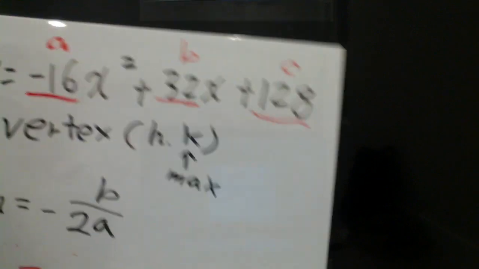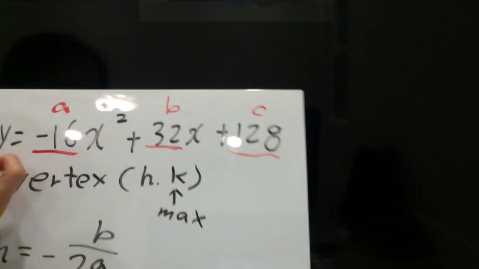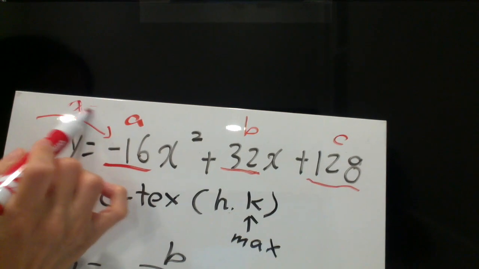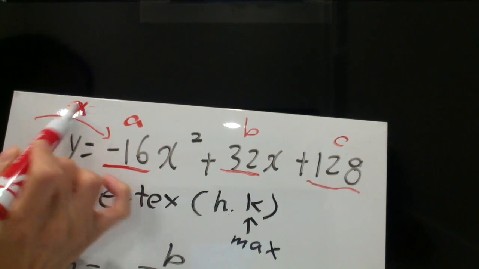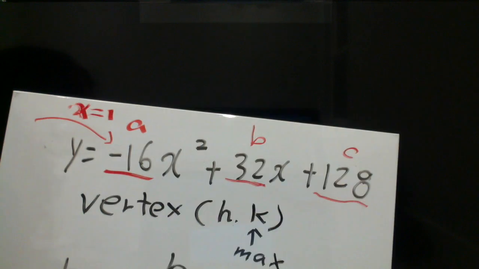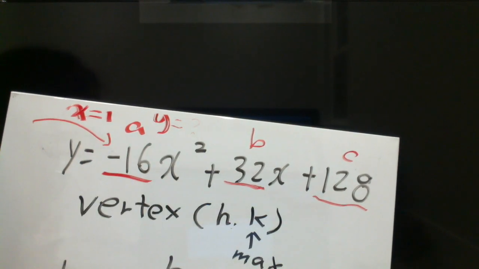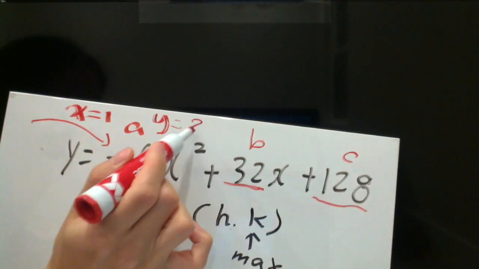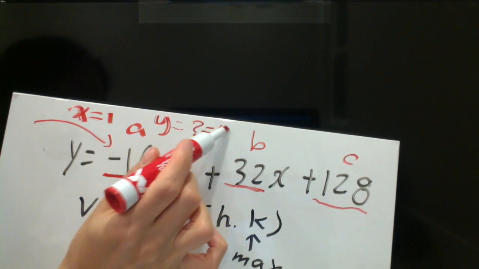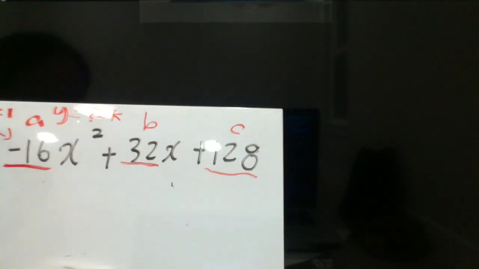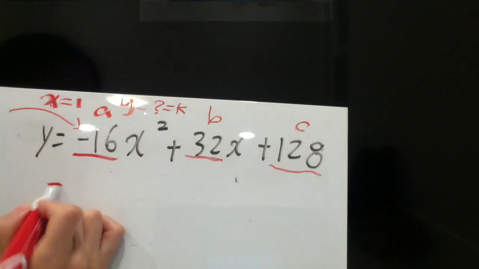So how do we find K when we know H? We'll put 1 right here. When X is 1, we'll find Y value. Okay? So the Y value is K that we are looking for. So let's find K. So I'll put here X is 1.